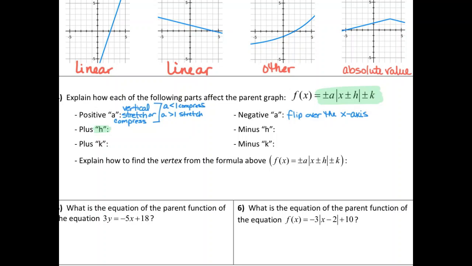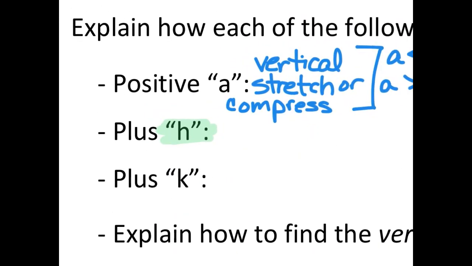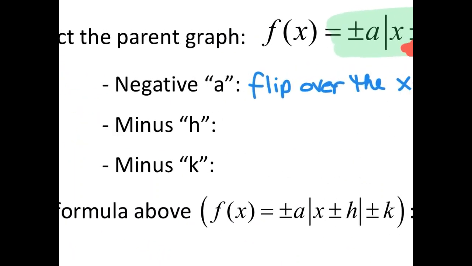So if H is inside the absolute value symbol, and we're adding H, then that indicates a shift to the left. So the inside number added or subtracted is a shift left or right. It's a horizontal shift. And if it's plus H, it's a shift to the left. And if it's minus h, it's a shift to the right.